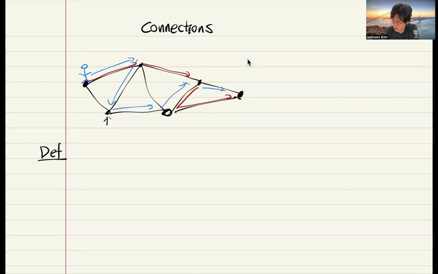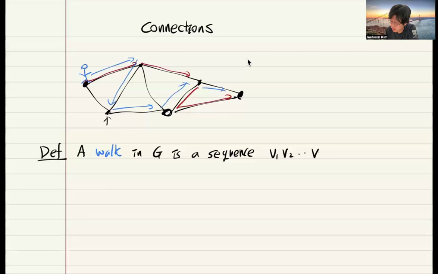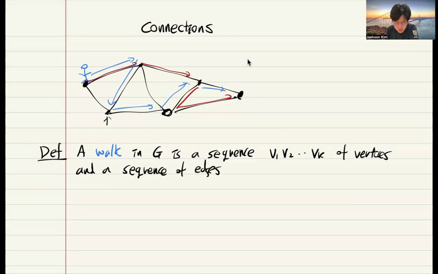So one natural name we give is walk. We say a walk in graph G is a sequence of vertices, say v1, v2, up to vk, and also a sequence of edges.